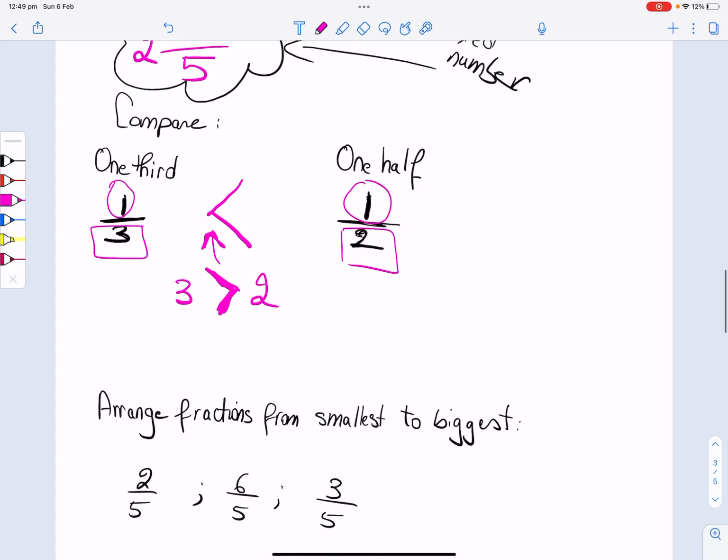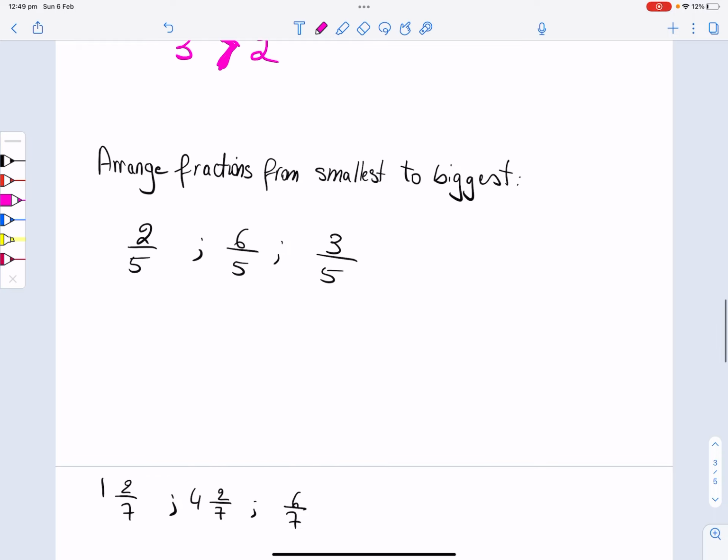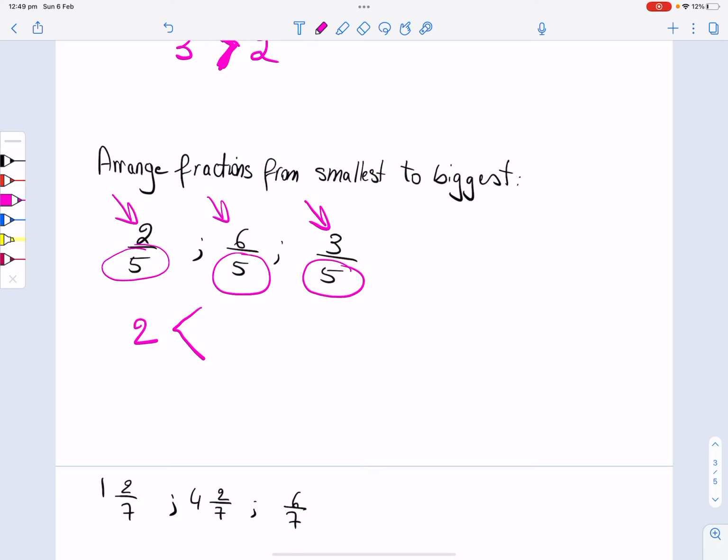Okay, let's have a look here. Arrange fractions from smallest to biggest. If they ask us to order them from smallest to biggest, here is an easy example. We have the same denominator, 5, 5, 5. What makes it easier for us? We only need to look at the numerator. We have 2, 6, and 3. 2 is smaller than 3, and 3 is smaller than 6.